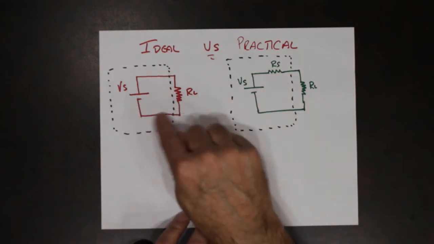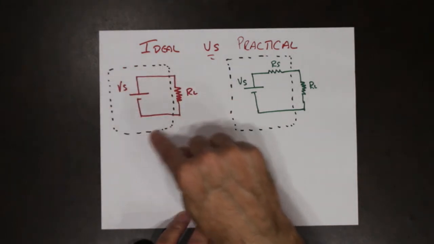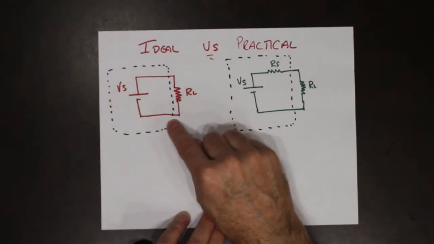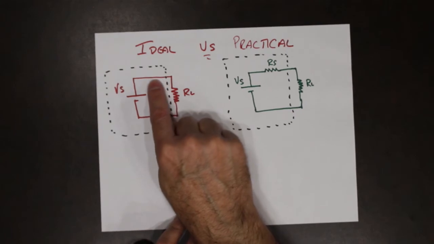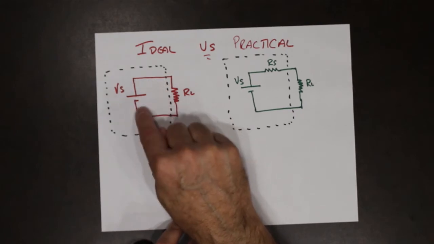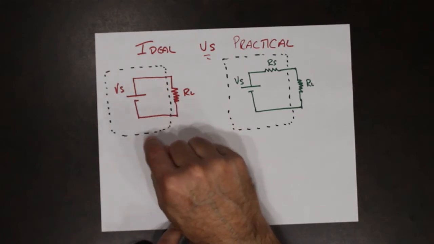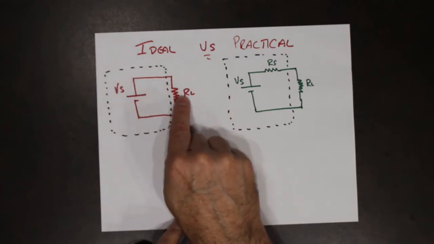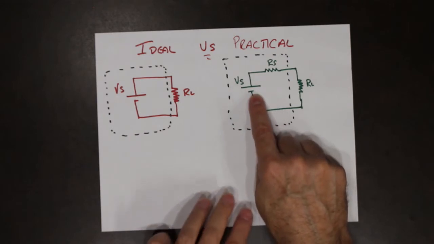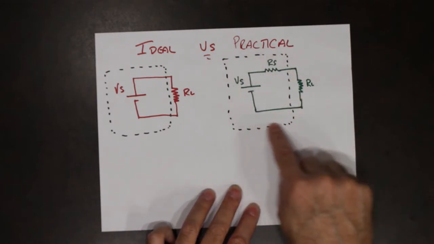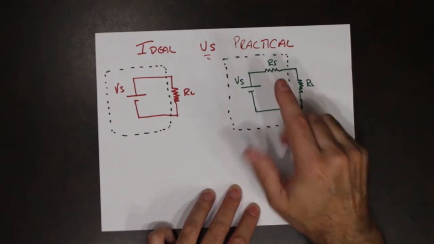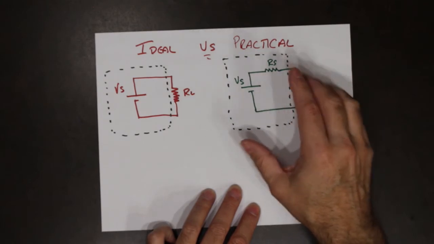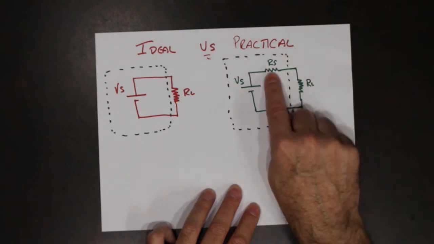Whereas in the ideal box, we have no RS. This is not a real world scenario. This is purely theoretical, where the voltage just appears across the load. Here, inside the black box, we have some components represented by this internal source resistance.